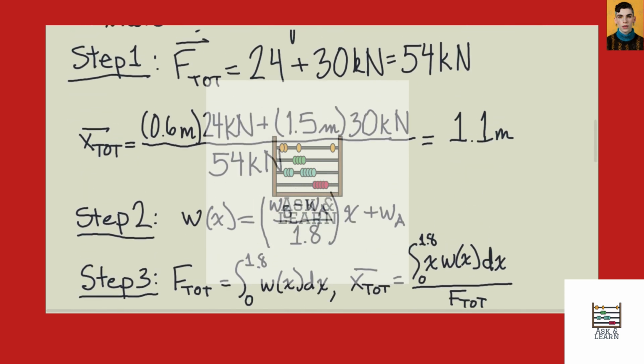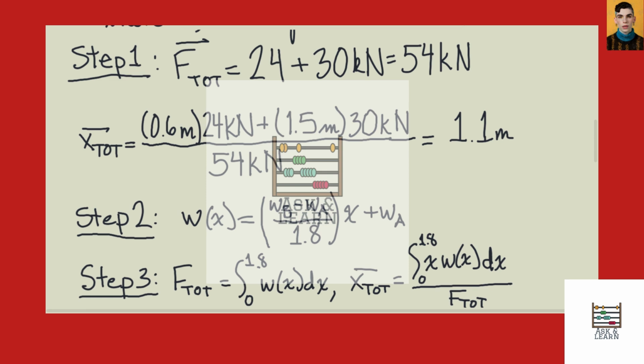To find the centroid of the two downward vectors, we multiply each of their forces by their respective moment arms as measured from the extreme left of the beam. So we have 0.6 meters times 24 kilonewtons for the leftward vector torque, and 1.5 meters times 30 kilonewtons for the rightward vector torque.